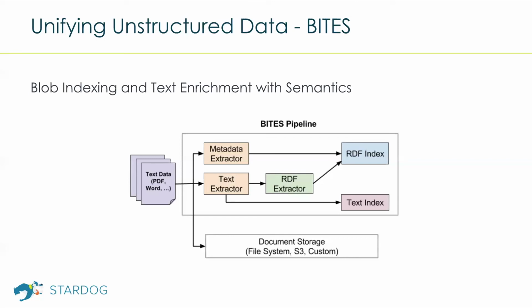You can even write a custom extractor, which I think we can go into at some point. It'll put all that in the RDF index, but then it'll also just take the text of the document and put it in a full text search index.